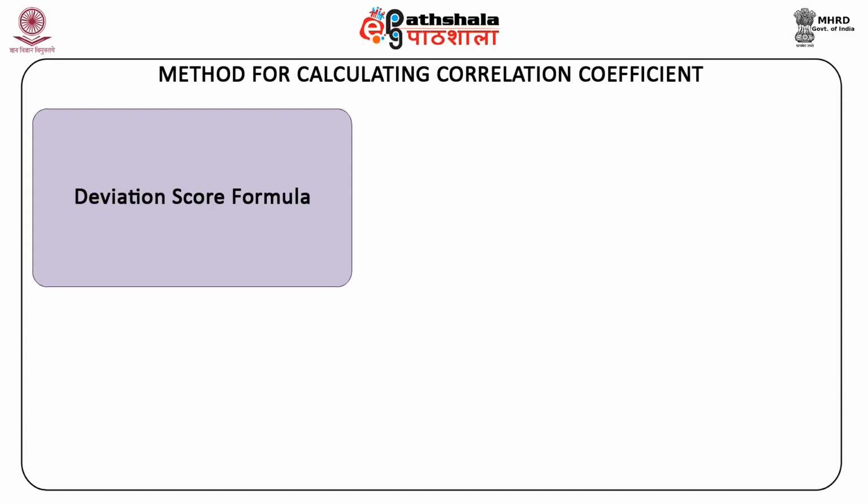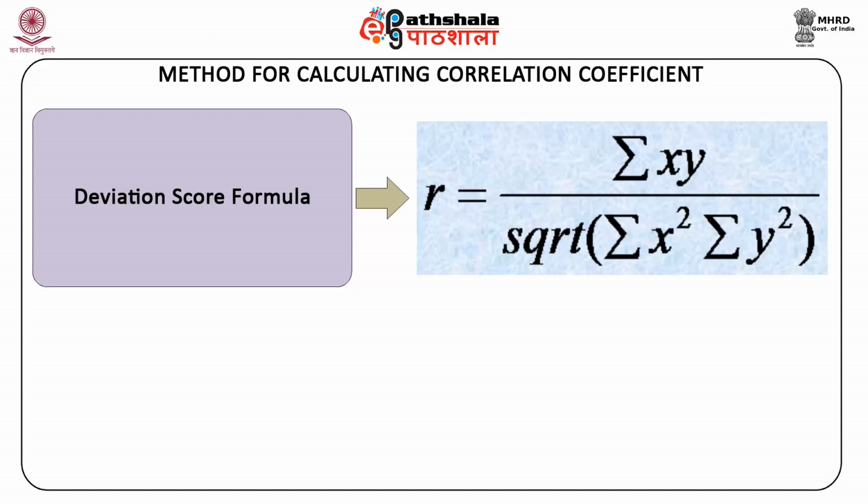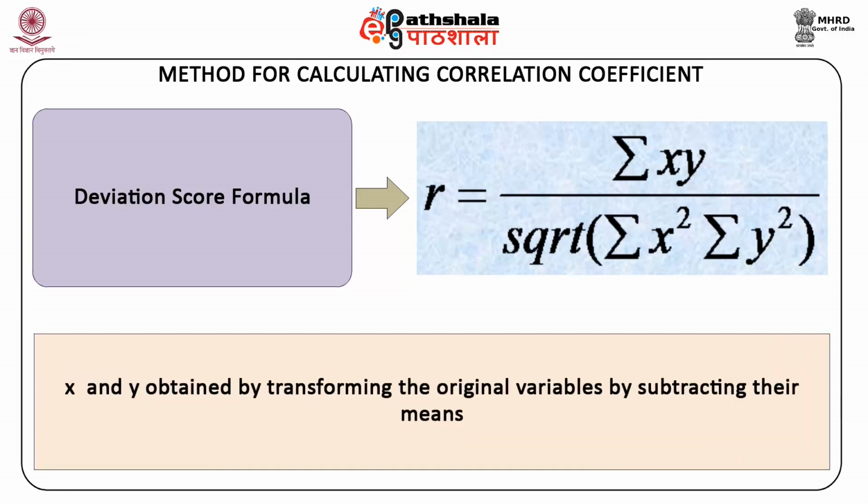It gives the average cross product of the standard scores of the two variables, but in a computationally easier format. r equals sigma xy upon square root of sigma x square sigma y square. The variables x and y in the formula above have been transformed from the original variables by subtracting their means.